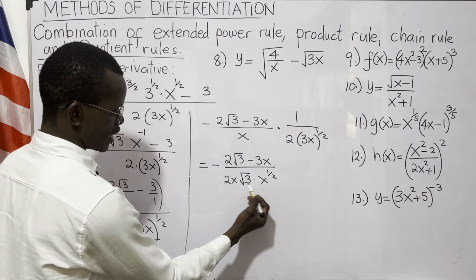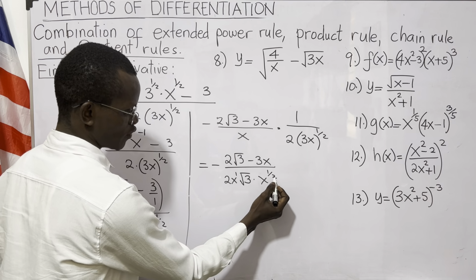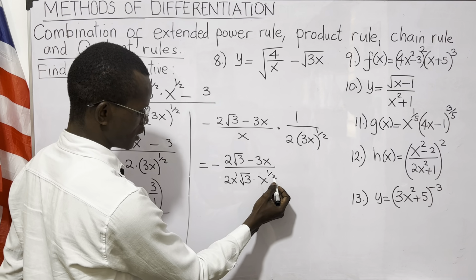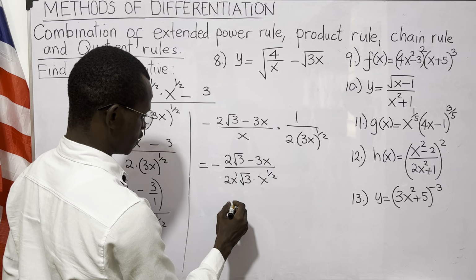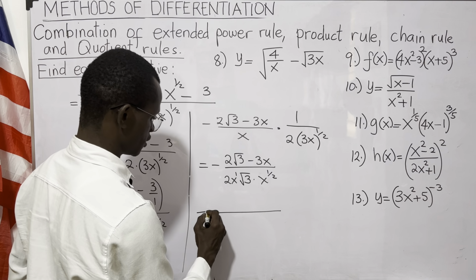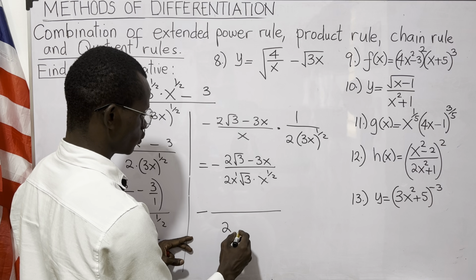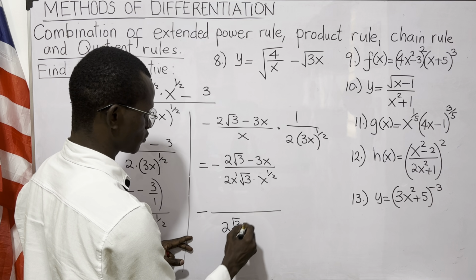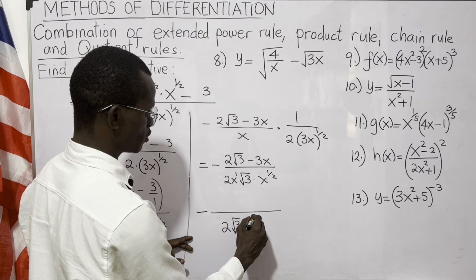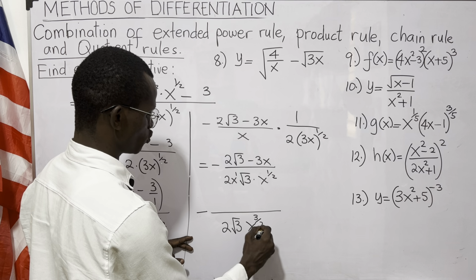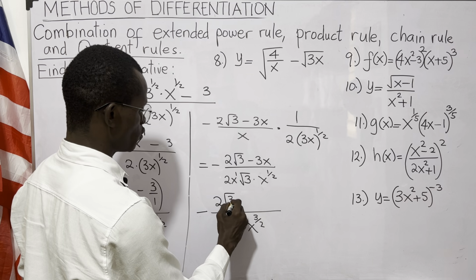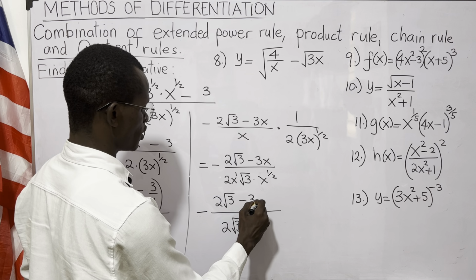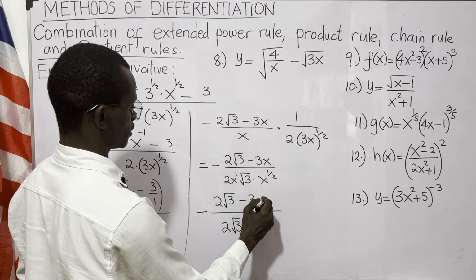So this x raised to the power 1 and x raised to the power 1 over 2, we add the powers. So it's like 2 times 1 is 2, 2 plus 1 is 3. So this gives us 2 the root of 3 and then x raised to the power 3 over 2. And then this is 2 the root of 3 minus 3 times x.